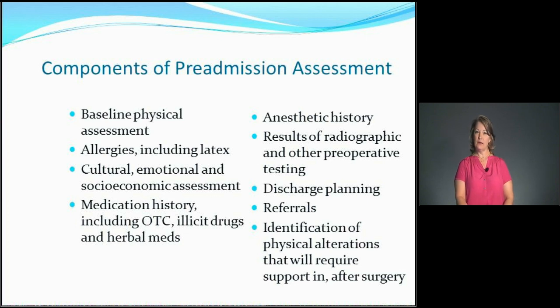Results of any testing that's been ordered prior to. And then, of course, as I said before, looking at discharge planning, any referrals that may be necessary, and identification of physical alterations that will require support in and after surgery.